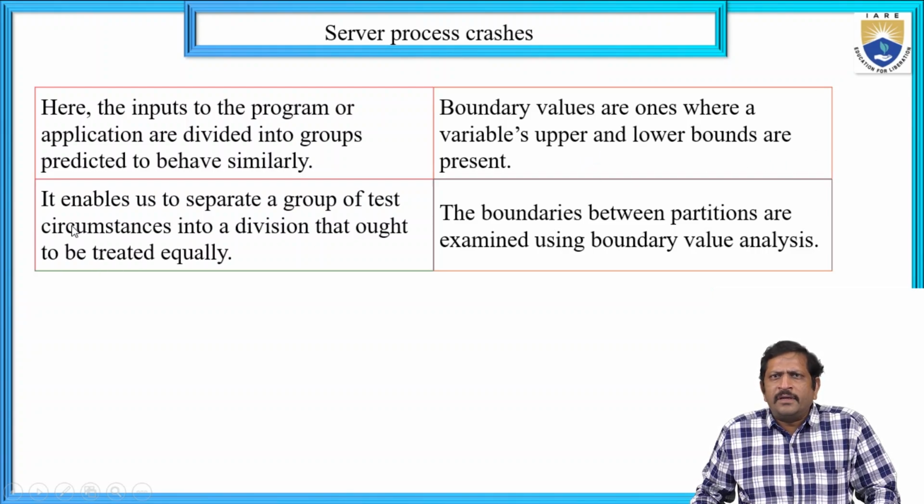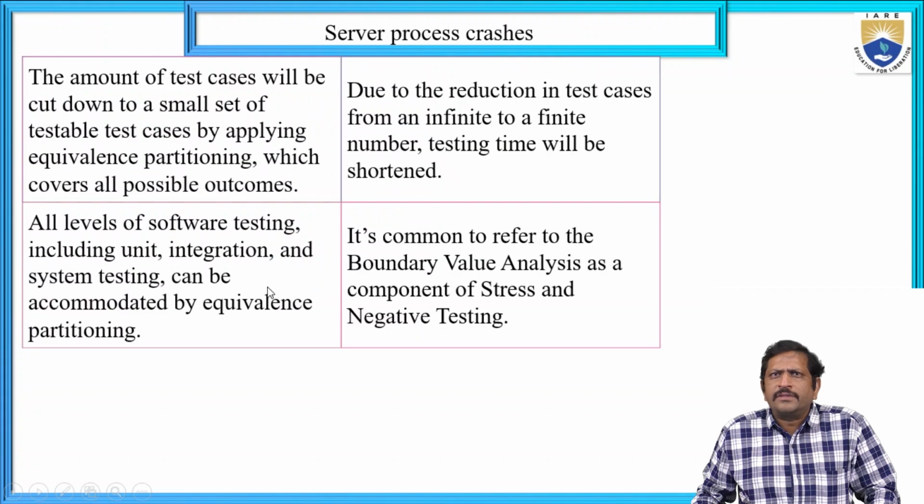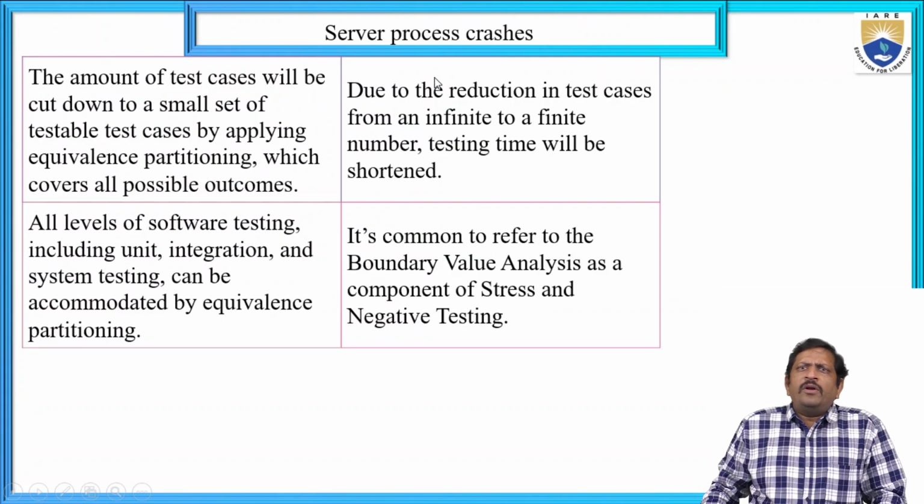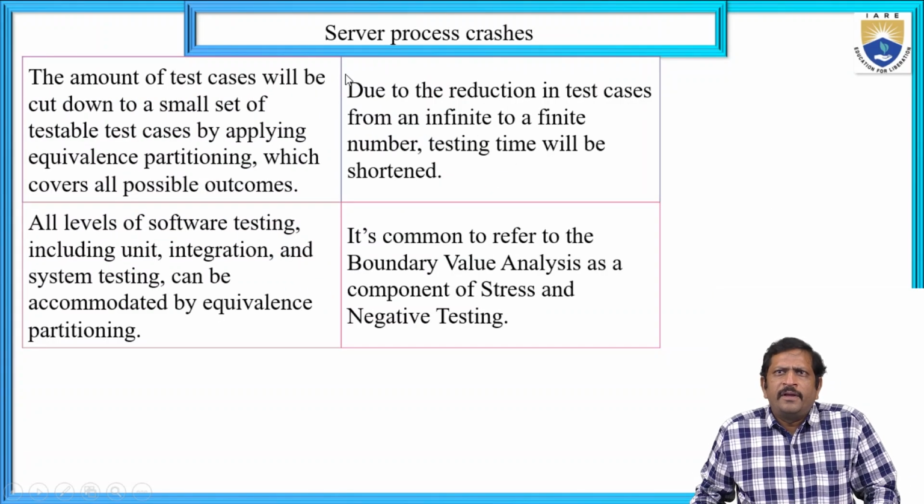Equivalence partitioning enables us to separate a group of test circumstances into divisions that ought to be treated equally. The boundaries between the partitions are examined using boundary value analysis. Here, the number of test cases will be cut down to a small set of test cases by applying equivalence partitioning, which covers all possible outcomes.